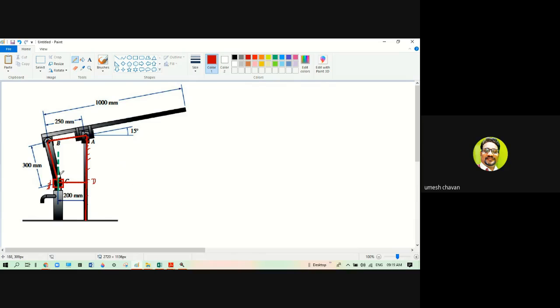Now look at the loop of ABCD. It is a closed loop. In this loop, this is also going to work as a fixed link. This one, the CD distance, is going to remain fixed.